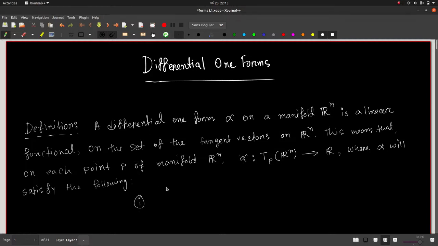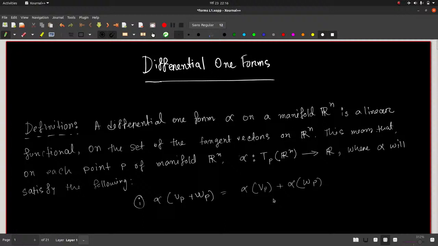Number one is a linear property. Let's say you have two elements V and W at some point P of the tangent space. So alpha acting on VP plus WP would be equal to alpha acting on VP plus alpha acting on WP separately. This is the linearity property.